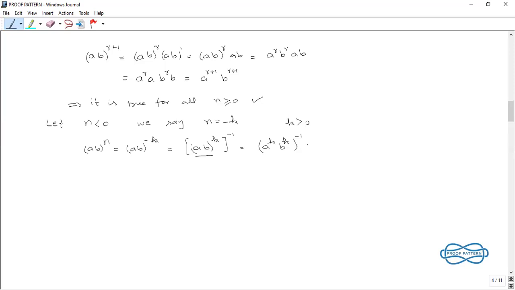That can be written as a^(-k) b^(-k), because when we take the inverse, the order is reversed, but because the group is abelian, we can take the same order. And in this way, because minus k is equal to n, it is a^n b^n.